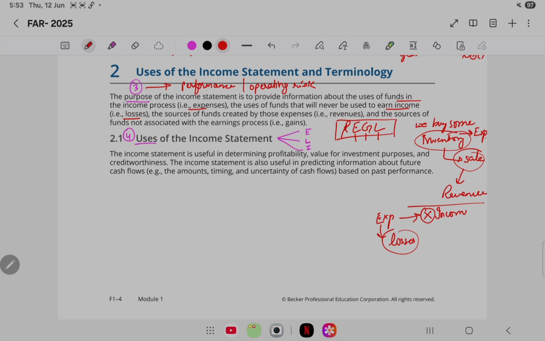And if we get something in return without expecting it, or without any operating or earning process, if we get some money from that, that is called the gains. I'll remove the same.